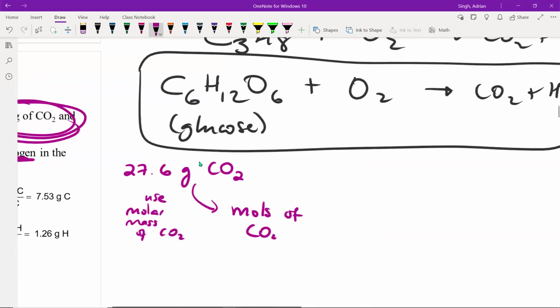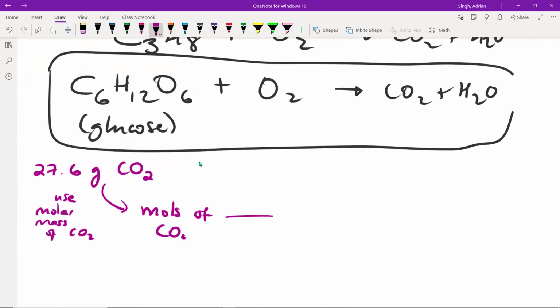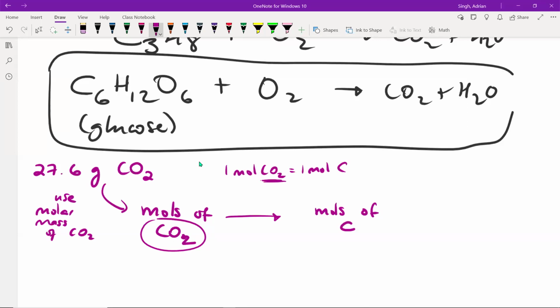Then, based on the formula of CO2, I can calculate the moles of carbon, because according to my chemical formula, 1 mole of CO2 has 1 mole of carbon. I just look at the subscripts in my formula, because the subscripts give me a mole-to-mole ratio. And if I know how many moles of carbon, I can convert that to grams of carbon using the molar mass of carbon.